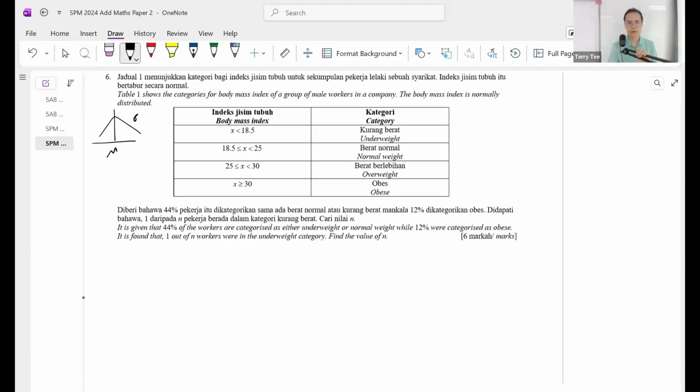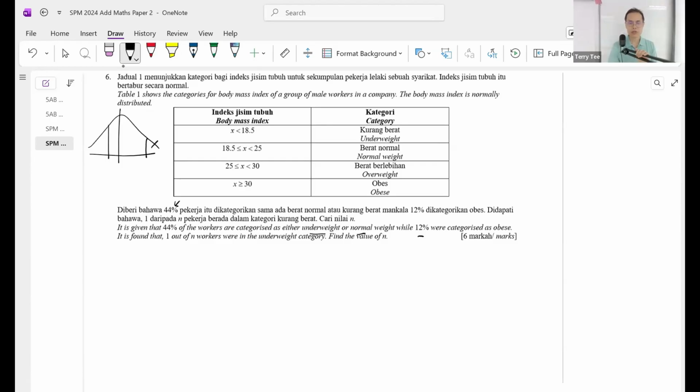And they say 44% are categorized as either underweight or normal weight, while 12% are obese. So maybe I draw this. Let me draw bigger. 44%.